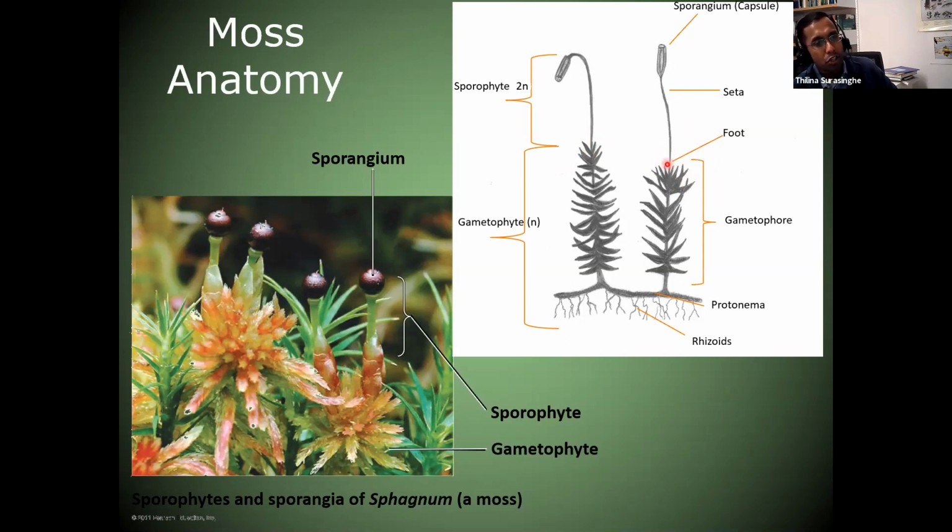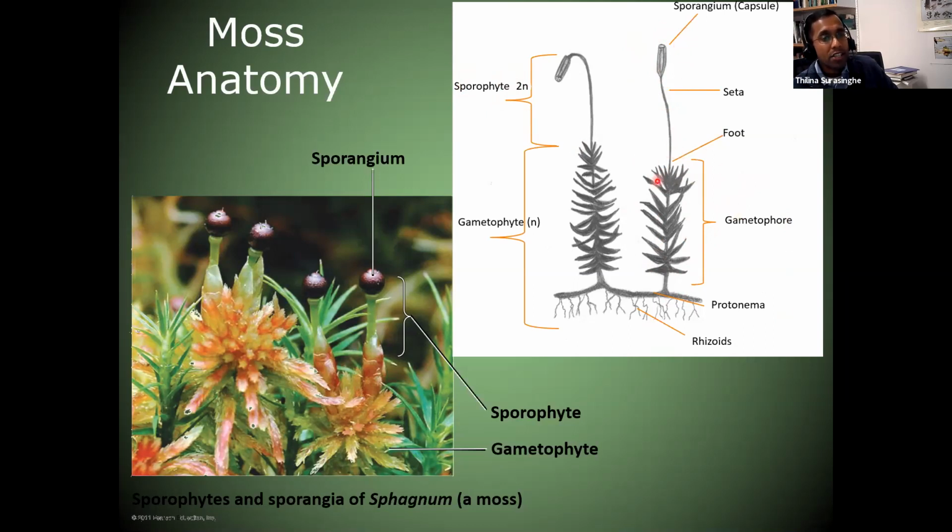After fertilization, a zygote is produced, and the zygote then develops into this particular part, which is the sporophyte. Quite literally, the sporophyte is located on the female gametophyte. The parts of that sporophyte: the foot, which helps to anchor the sporophyte onto the gametophyte, and then the long stalk, or the seta, at the end of which you have the sporangium that produces spores.